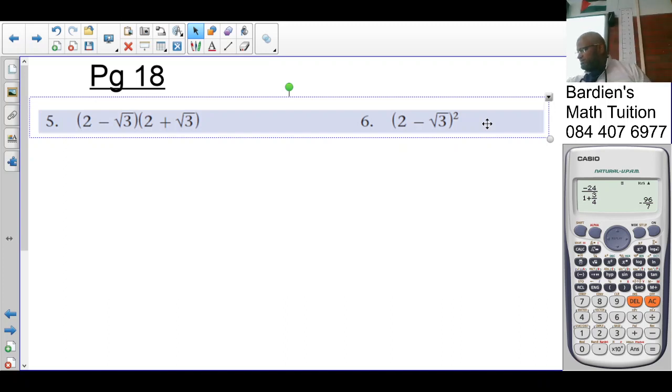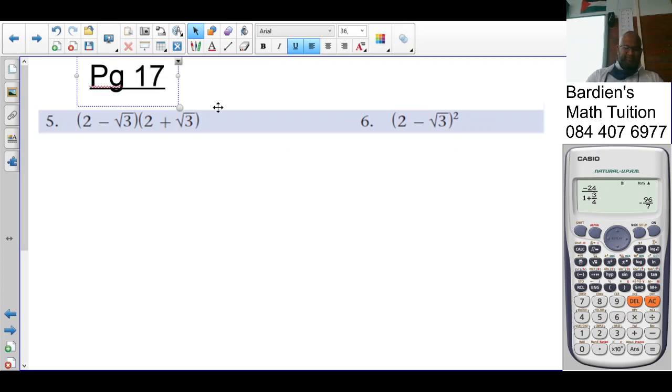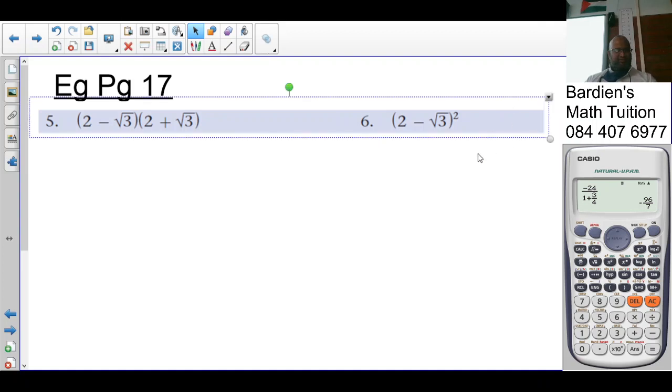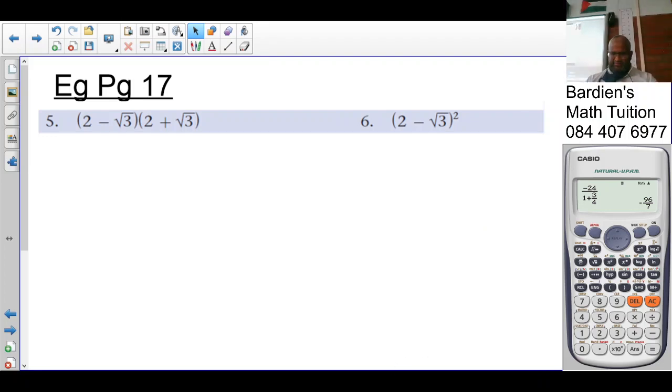Example 5 and 6, page 17. Pause again. Okay, I take it you guys are done at this point? Yes? Okay. So look at number 5.